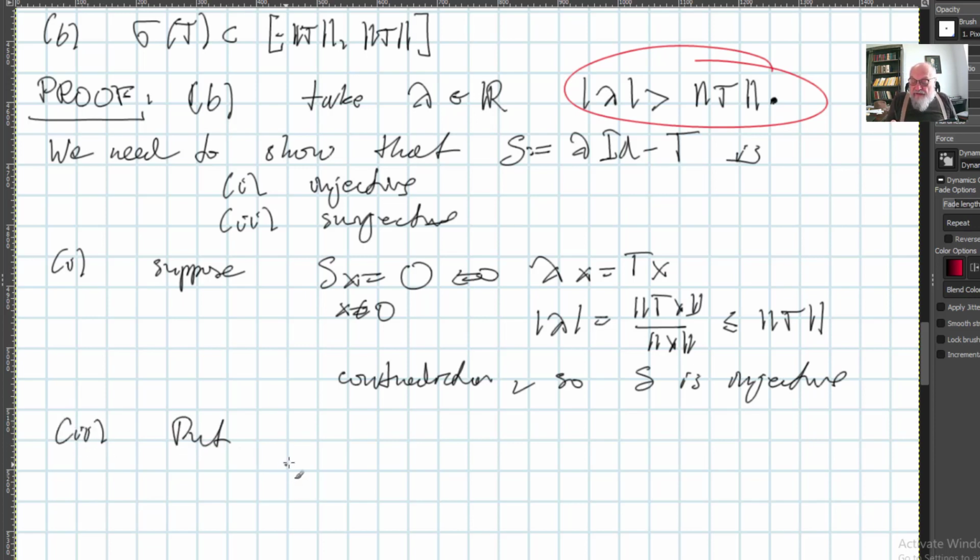And to prove the second one, I put f of x equal to 1 over lambda times Tx.